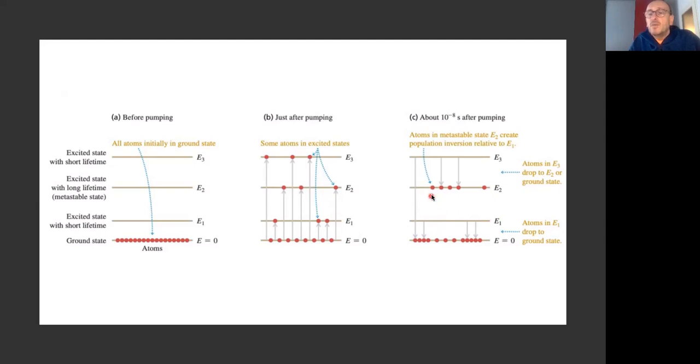So this atom will decay here and produce a photon, and then there will be two photons, and another photon after the next atom. Essentially it will be a cascade of photons, all of them coherent, with the same frequency and the same polarization.